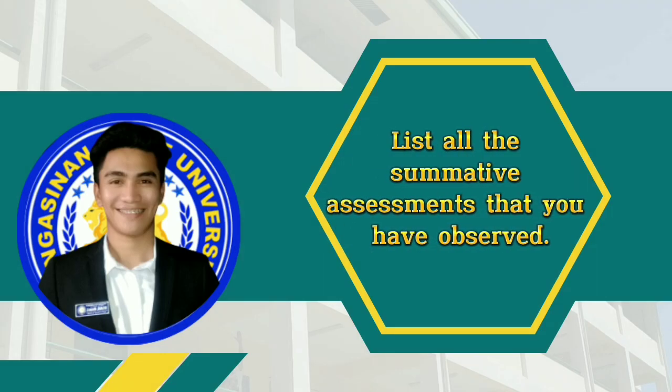List all the summative assessments that you have observed. The teacher was unable to provide the students a summative assessment, and all the assessments that were used are formative in nature.